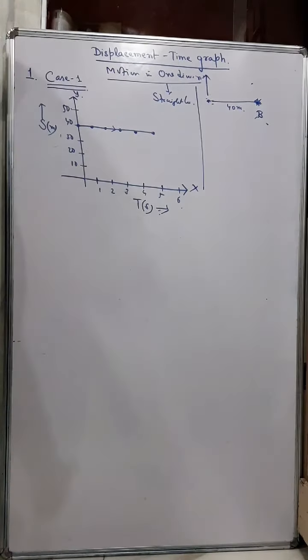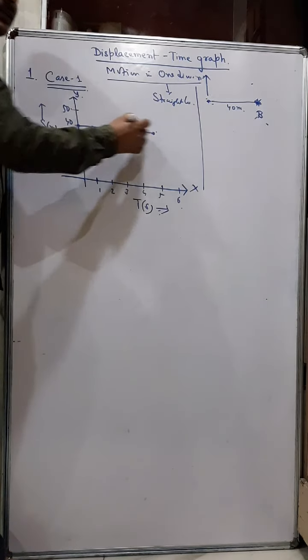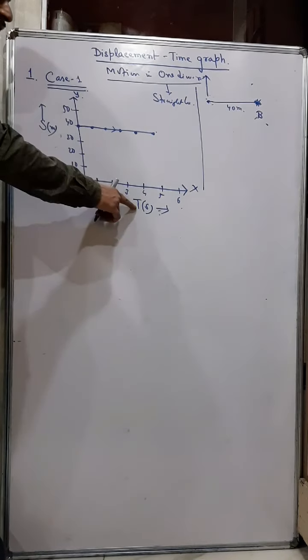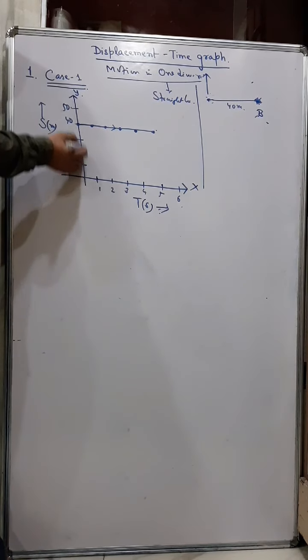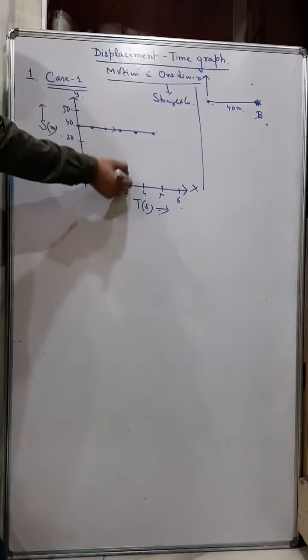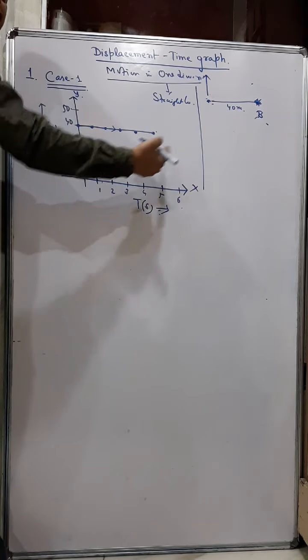So in case of a motion in one dimension, if we get a straight line parallel to the time axis in a displacement time graph, that means the displacement is not changing with time.